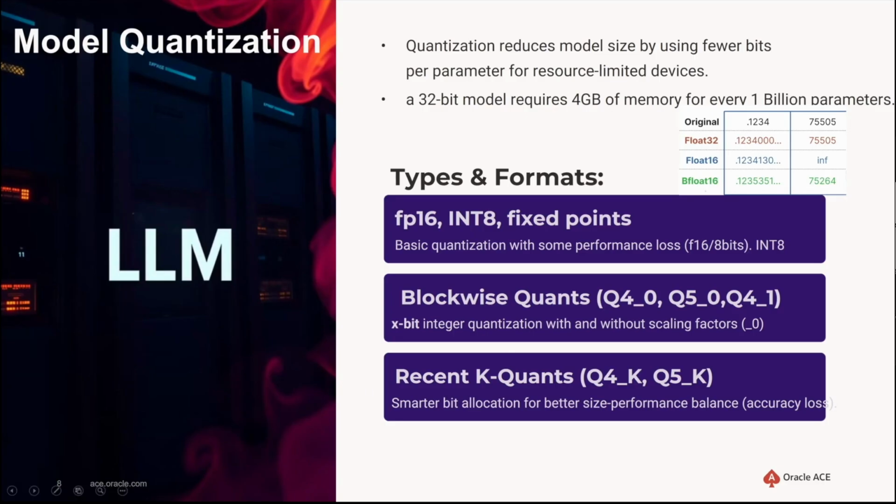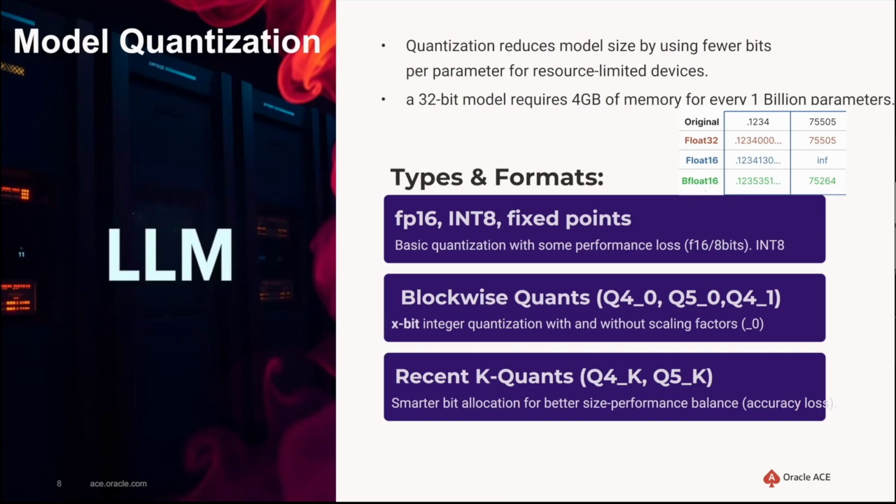Because they offer a dynamic allocation for better performance. It tells you 4 bits, but it actually decides when to allocate 4 and when to allocate more. But overall, the average is 4. For example, Q4 means 4 bits of depth. And the advantage here is that you have a really granular versioning of the models based on the ratio between size and accuracy.